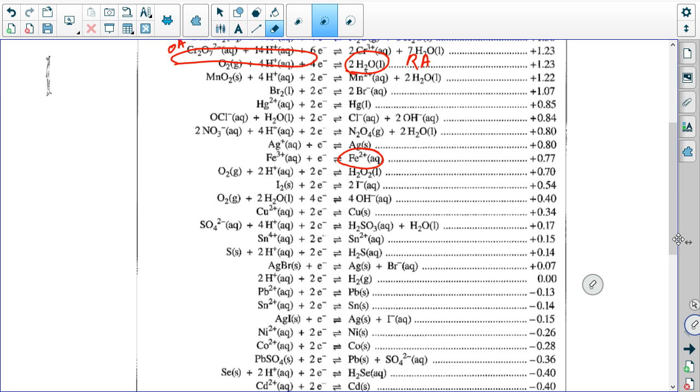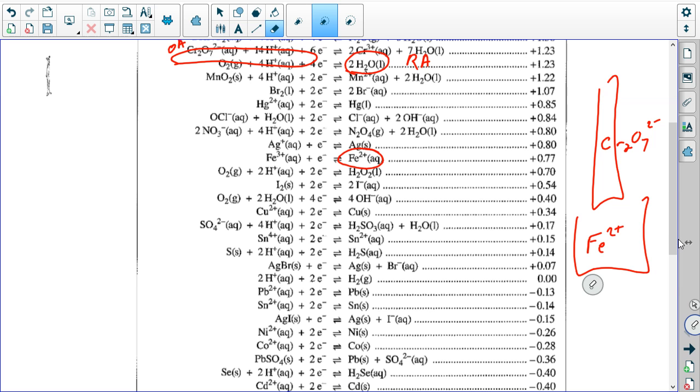So I will have my dichromate up here, and in my beaker, I will have iron 2 plus, and I will acidify this. As soon as I drip some dichromate into the solution, I have the dichromate and the hydrogen ion and the iron. That's the reaction that I want to look for. I don't want the reaction to take place in the burette.